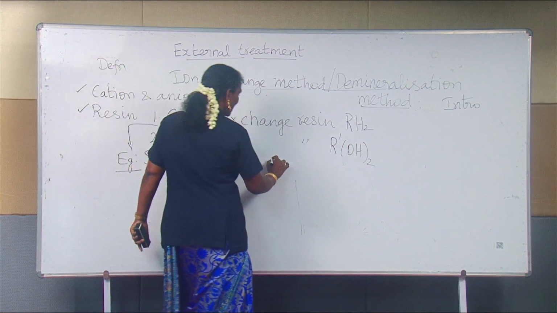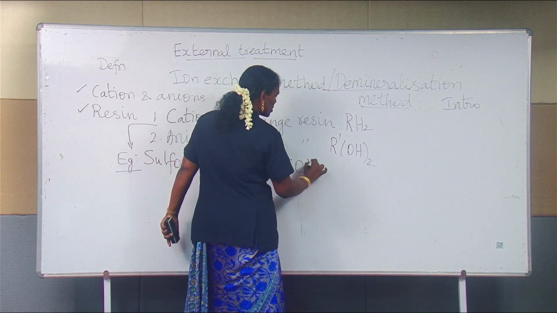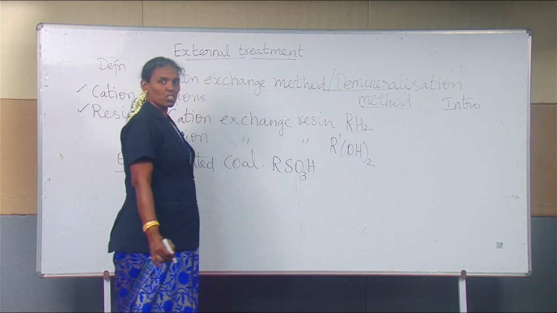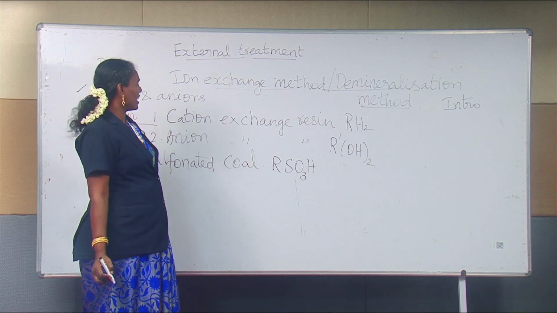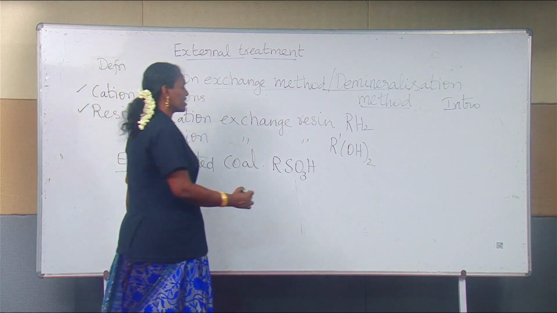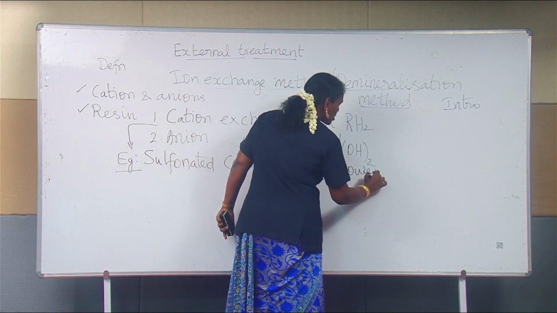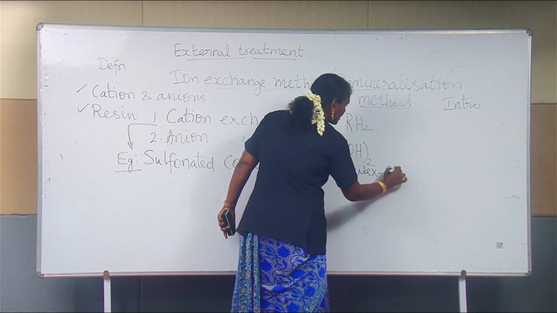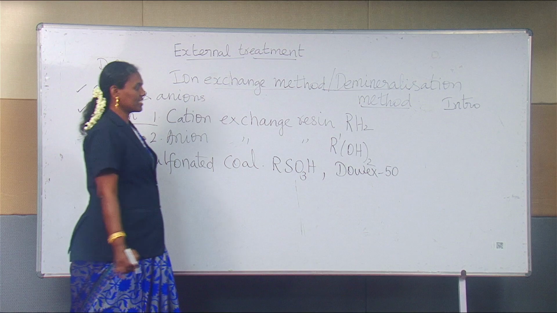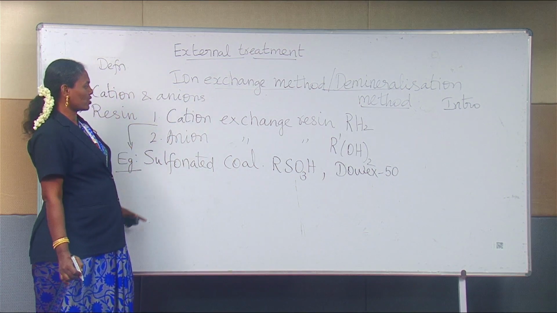Otherwise, if you have any alkyl group with a sulfonic acid group, RSO3H, this also acts as a cation exchange resin. Commercially, in the trademark, it is called DOVAX 50. This is the example for cation exchange resin.